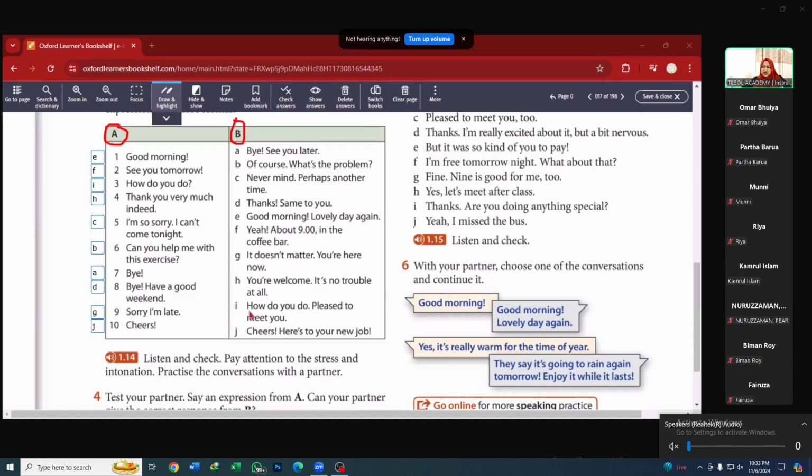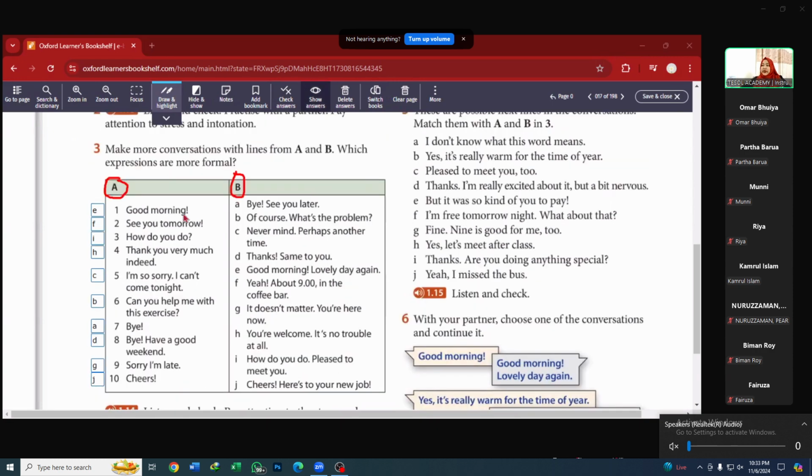So what we will do now is try to prolong this conversation by adding one more sentence to it. As you remember, in the beginning I said the third way that we will practice a conversation is by extending one conversation by adding one more sentence to it, right? So that is what we will be doing now.